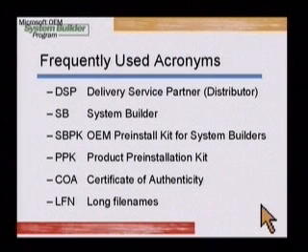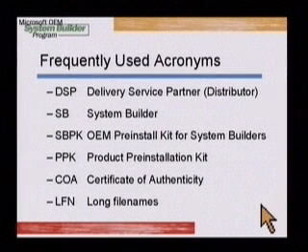But before I get into that, let me cover a few of the acronyms that I use throughout this presentation. First of all, we have a DSP, which is a delivery service partner. This is your distributor where you should be buying your genuine Windows 98 product. A system builder, or SB, that's you, an OEM, pre-installing Windows 98 on your customer systems.